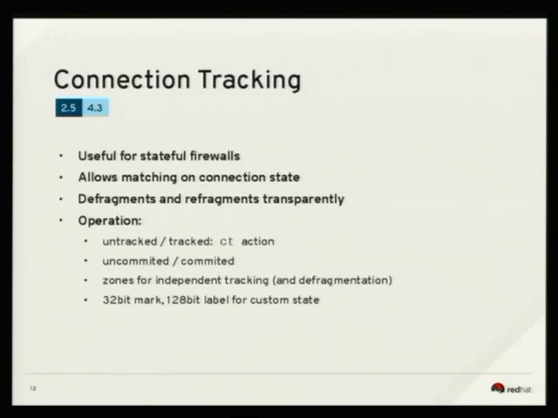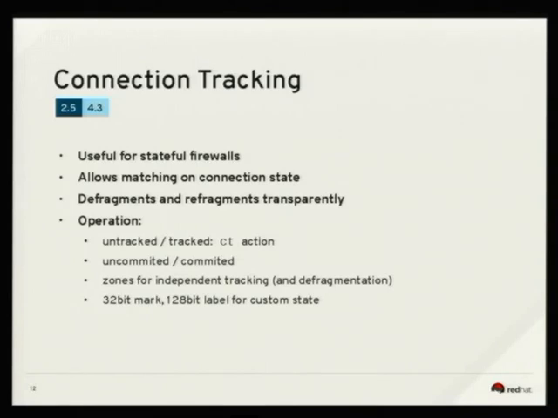This just happens. So the theory of operation is that the packet can be in two states. It can be either untracked or tracked. Initially, every packet is untracked. And it becomes tracked when you execute the CT action, CT for conntrack, the connection tracking action, on that packet.